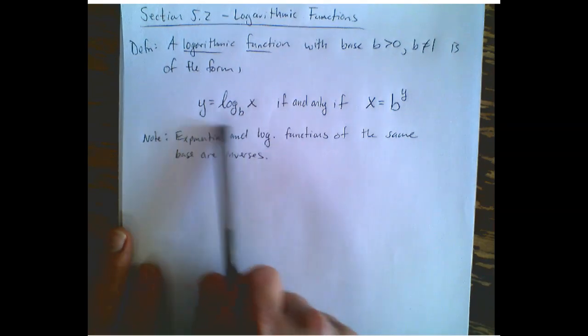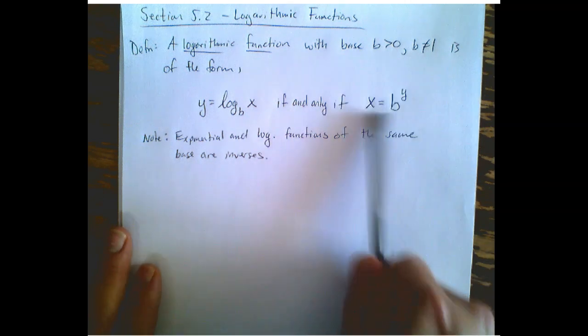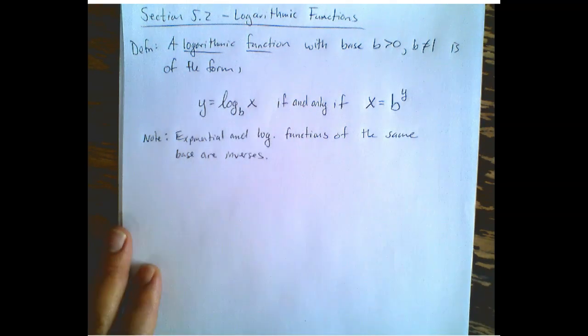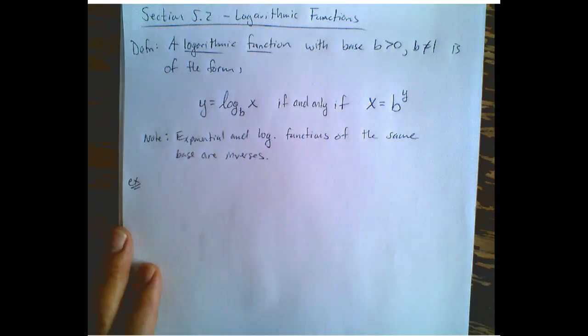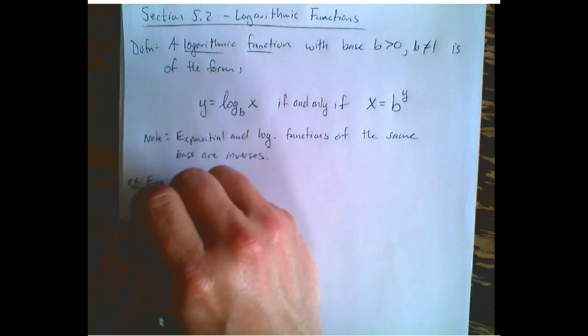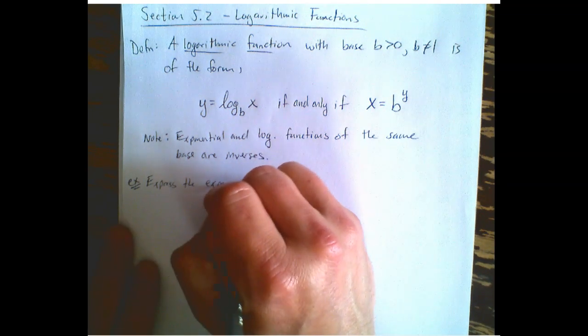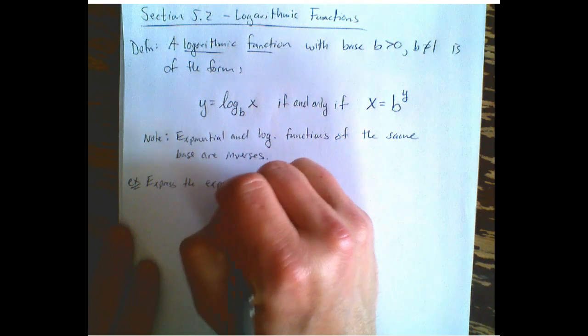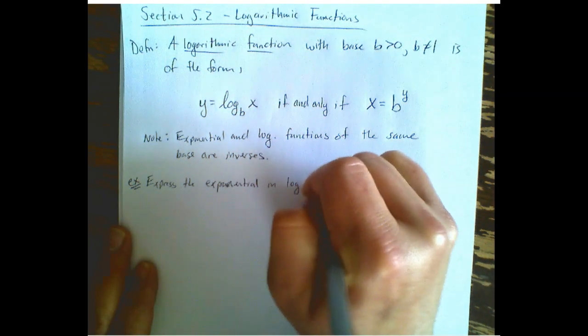So basically, if we are given a log, we can represent it as an exponential, and if we're given an exponential, we can express it as a log, by doing a little bit of rewriting. So we want to express the exponential in log form.